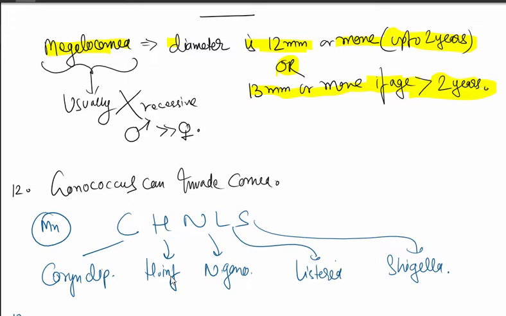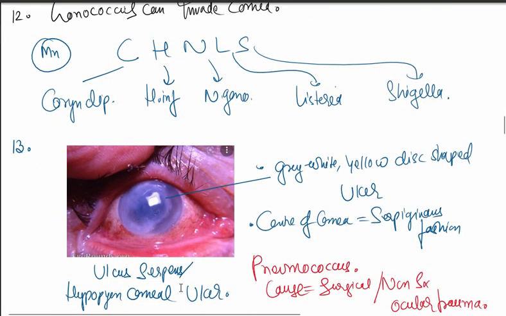If 13 mm or more, if age is more than 2 years, megalocornea. बड़ी आँखें, X-linked recessive, and male more than female. So megalocornea, X-linked recessive. megalocornea किस में ज़्यादा दिखती है? Male.